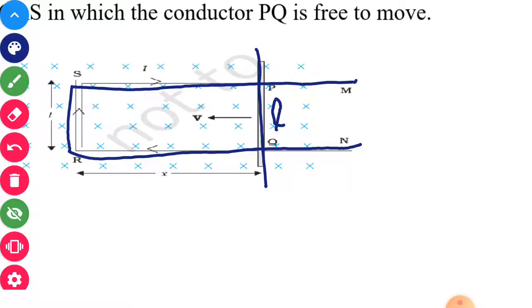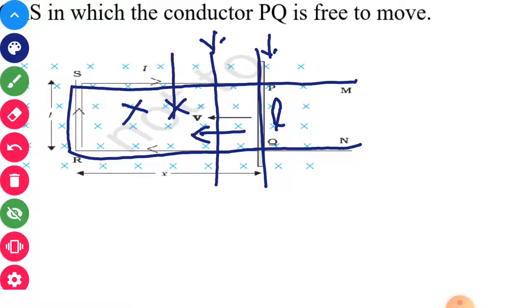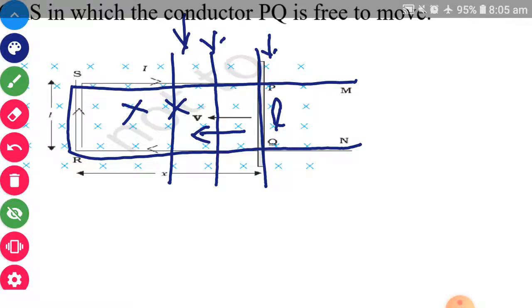Now try to understand, the magnetic field is shown by cross, so it is going inside the plane of the screen. Now when this moves with a certain velocity, say v, then this is going to decrease the magnetic flux. Say at some time it is here at this point, after some time it comes here, then here, then gradually the field lines are reducing.